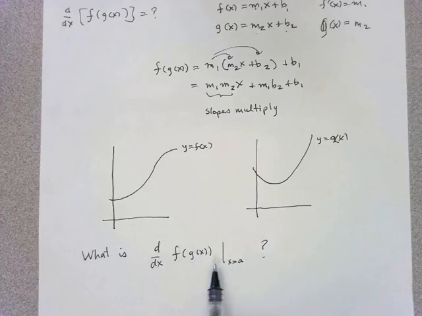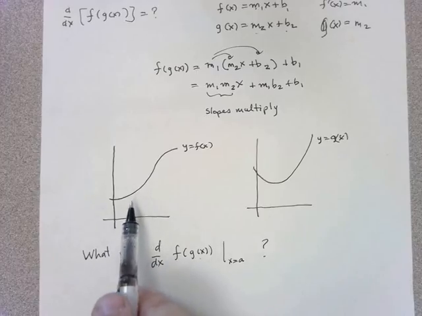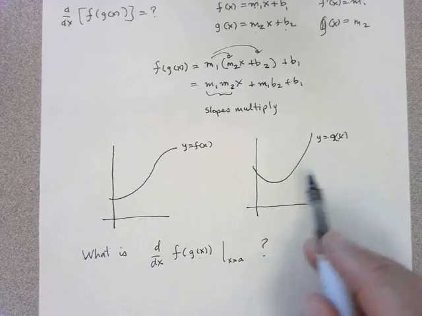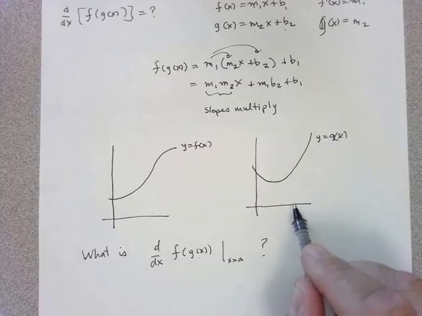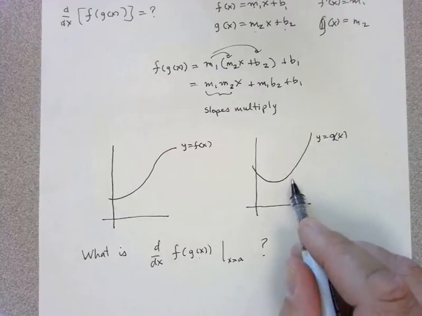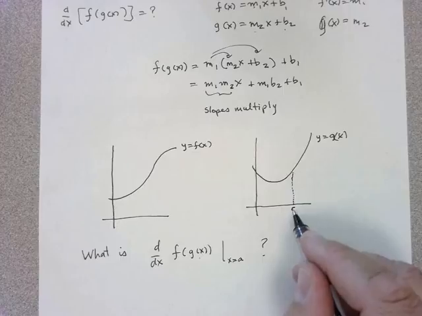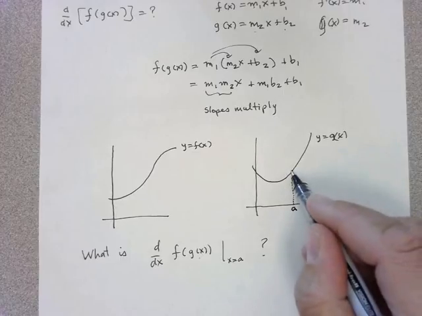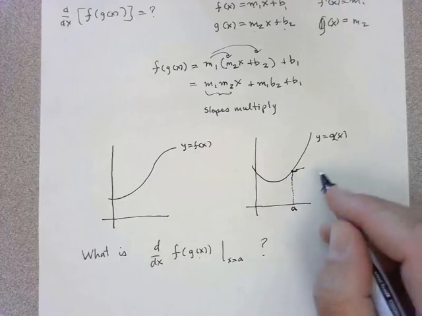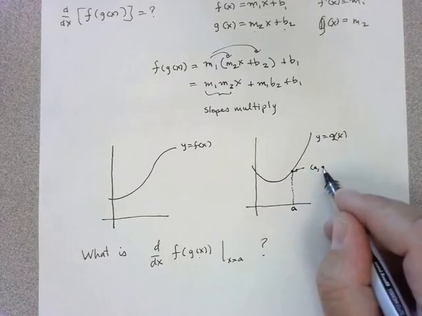Well, it means I'm going to put a into g of x, and I'm going to take what I get from g of x and it's going to go into f. Let's look at what that would look like over here. So first I have g of x. So maybe a is right here. This is a. And so here we have this point, a, g of a.